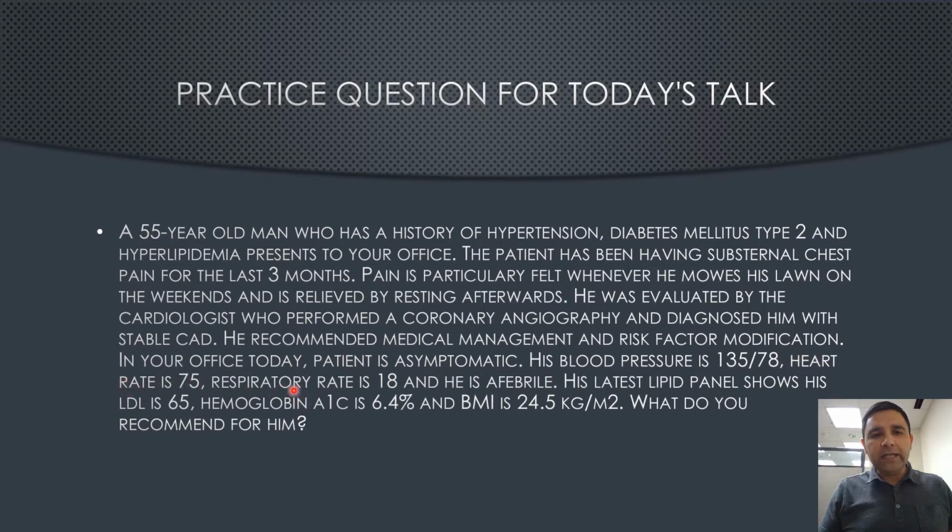In your office today, the patient is asymptomatic. His blood pressure is 135/78, heart rate is 75, respiratory rate is 18, and he's afebrile. His latest lipid panel that you've done just a few days ago shows his LDL is 65, hemoglobin A1C is 6.4, and BMI is 24.5. So what do you recommend for him today, now that he's in your office and he's asking for your recommendations?